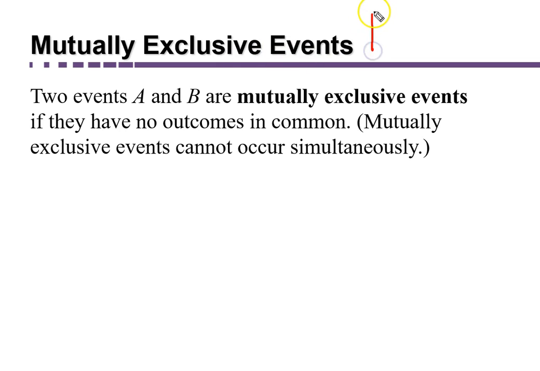A Venn diagram might help us on this. And again, as a review. Now, if this is set A and this is set B, would the events in set A be distinct from the events in set B as illustrated by this Venn diagram?